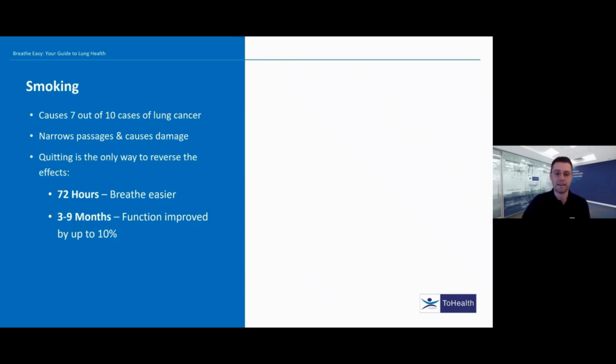And then after 10 years, your risk of death from lung cancer will have halved compared with somebody who would continue smoking. So one method that could be used alongside tools such as nicotine patches, inhalers, and gum could be a tough subject to discuss, but vaping.